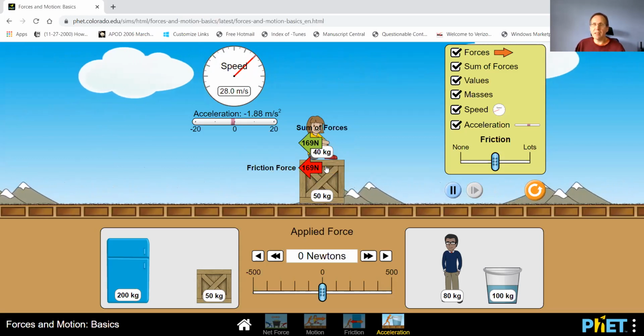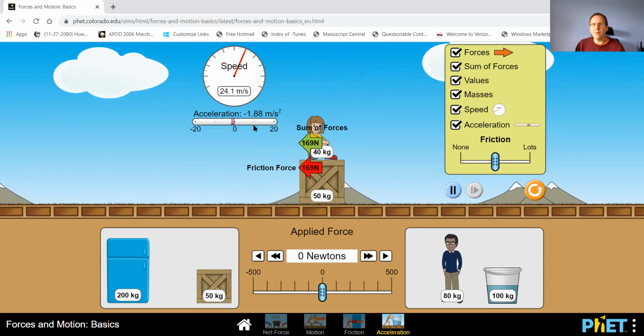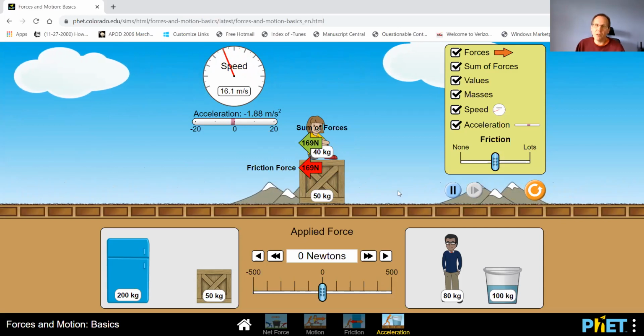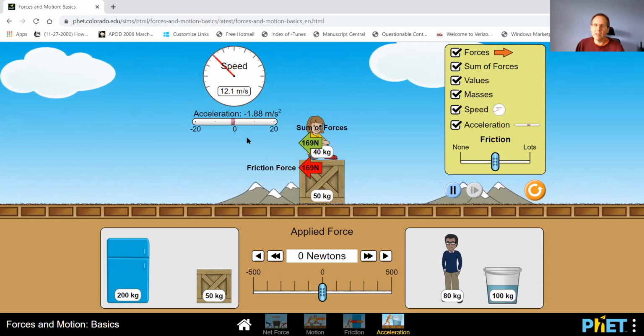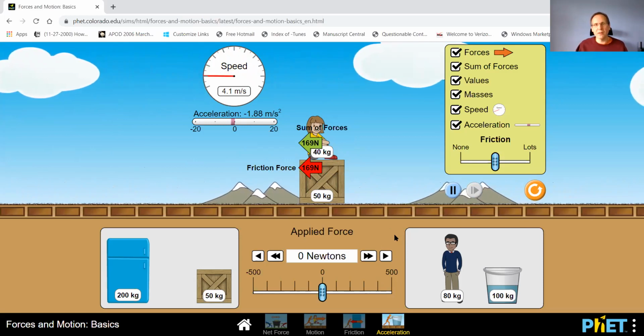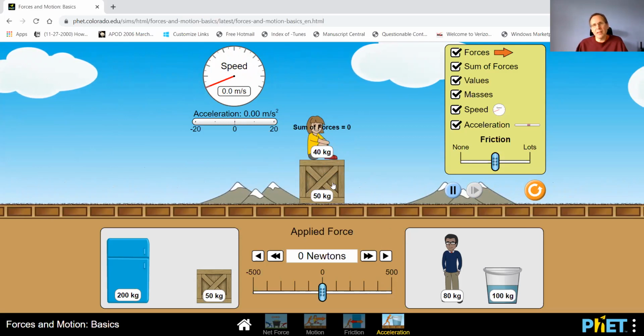And if you calculate the acceleration, you're going to get some value, in this case, a negative 1.88 meters per second squared. And you want to compare your value to this value right here. And eventually, because friction is slowing it down, it's going to stop. And now there are no forces applied anymore, and the person, the child, and the crate are at rest.